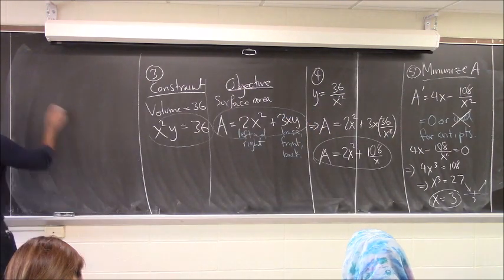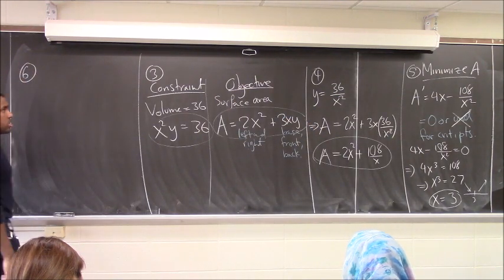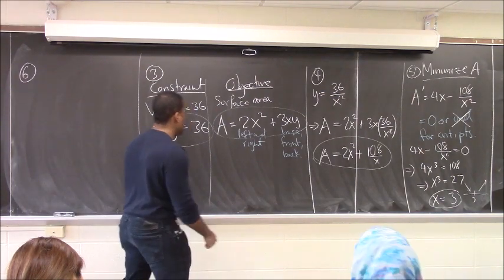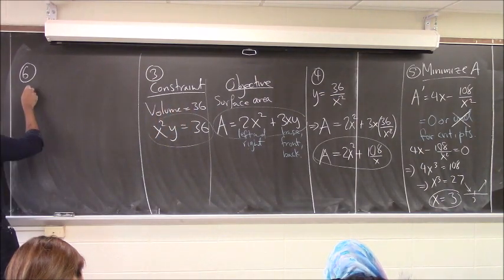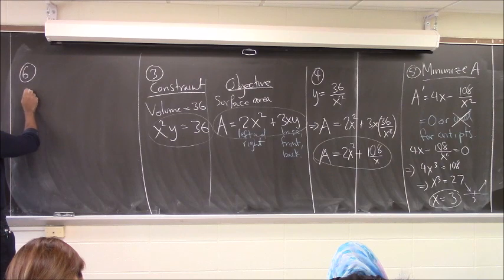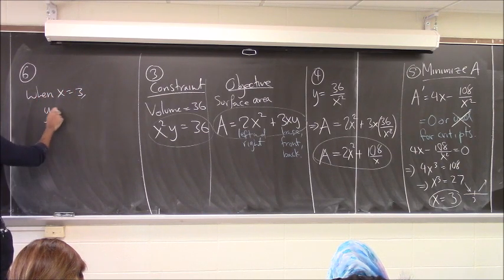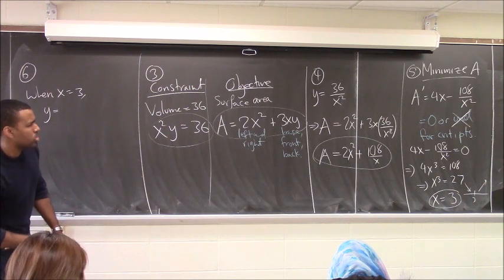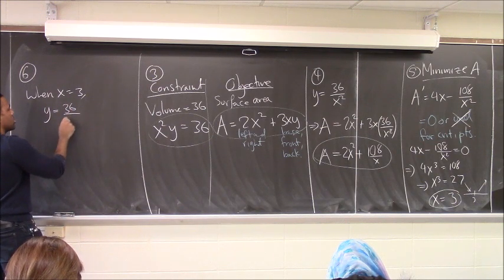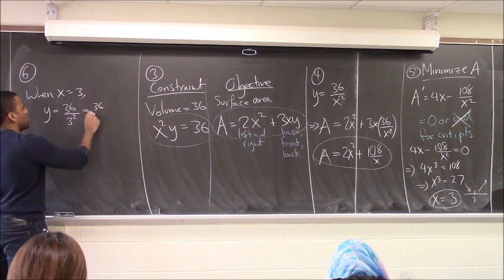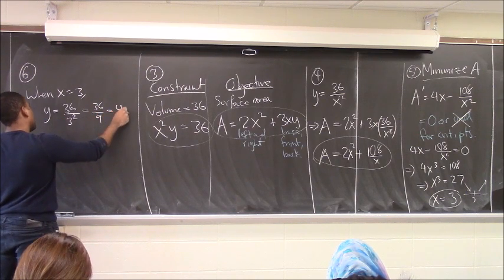So now, this leads us to 6. We were asked to design the box, which means we need to talk about its dimensions. So I'm going to say when x equals 3, y was equal to 36 over x squared. It's 36 over 9.